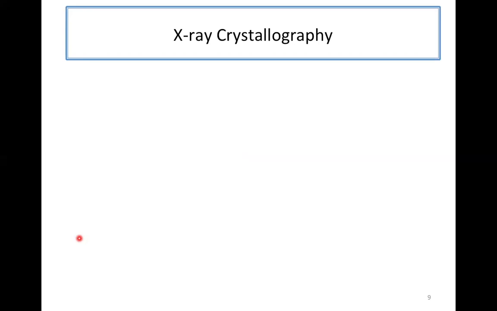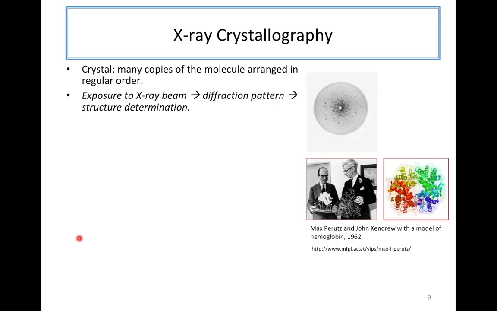Now, since I have a relatively large audience, I'd like to tell you about some basic concepts about X-ray crystallography and electron microscopy. X-ray crystallography deals with crystals that are very highly regular arrangements of molecules in regular order. In a crystal, we have many copies of the molecule, and with exposure to an X-ray beam, we get a diffraction pattern.